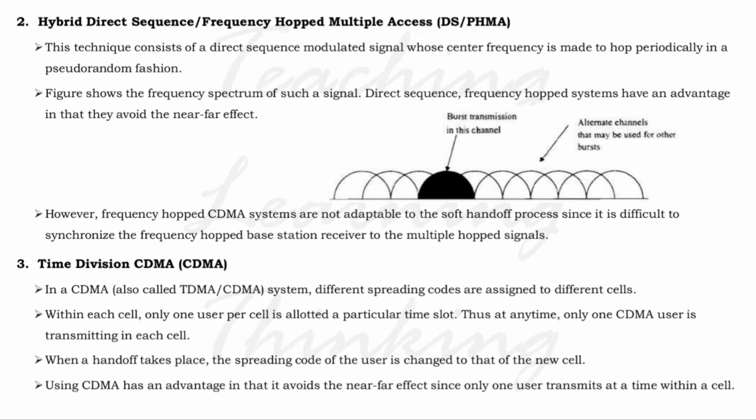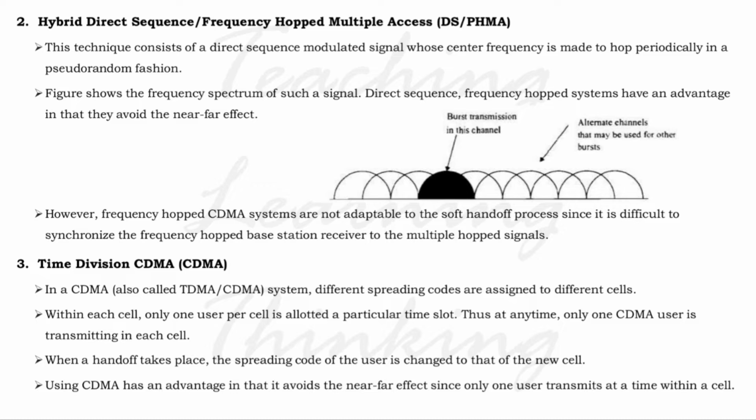The third hybrid spread spectrum technique is time division CDMA, TCDMA. In the TDMA by CDMA system, different spreading codes are assigned to different cells. Within each cell, only one user is allotted a particular time slot.